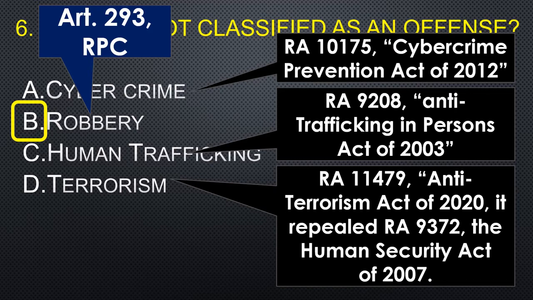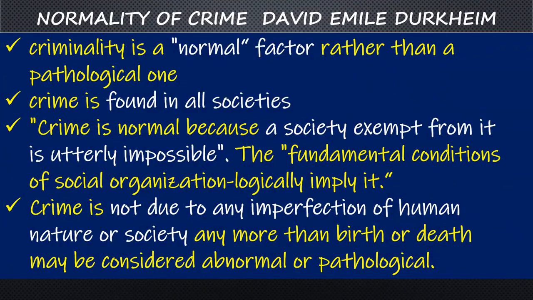So, according to Emile Durkheim, he believes that crime is a social phenomenon. He believes that crime is a normal thing in our society. That's why he said that if there are crimes, no problem, because that's normal. Okay, that's the idea of Emile Durkheim, the normality of crime.